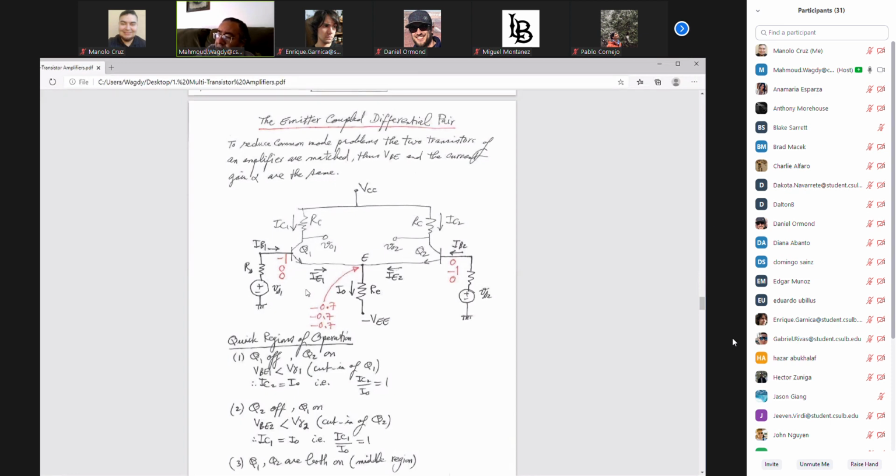So it's a differential input single-ended output circuit, and there is a ground. If you take the output differentially between V output 1 and V output 2, there is no ground in this case. You take the output directly between VO1 and VO2.